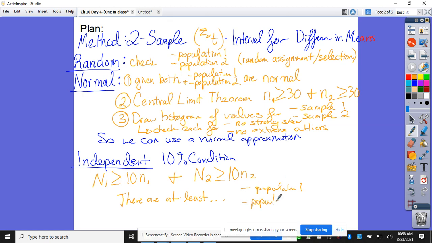Don't try to write it differently. Sometimes they're going to give you the same sample size for both of your samples. So if the sample size for both of them were 50, you can say there are at least 50 of this and of this. And that's fine. If they're different numbers, then you just have to specify each number.